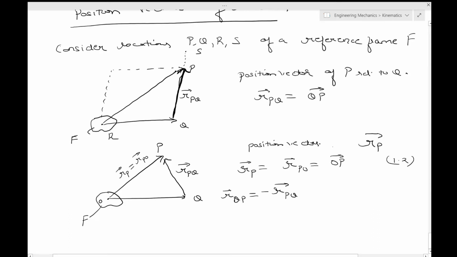Then you can also write RPR is equal to RPQ plus RQR.